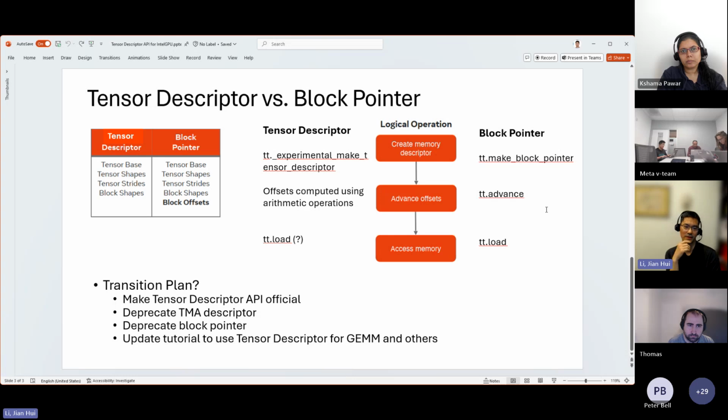And do you also deprecate the TMA descriptor? Yeah, so it's not currently clear if we can support that in the general case. So it's not going to be well supported at the moment, and the preferred method for accessing TMAs is going to be the Tensor Descriptor API.